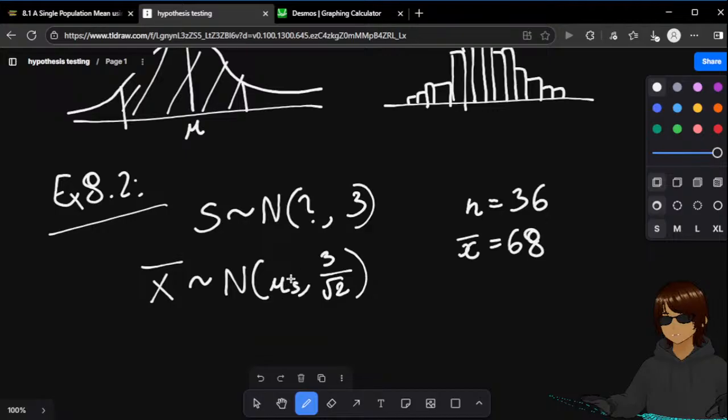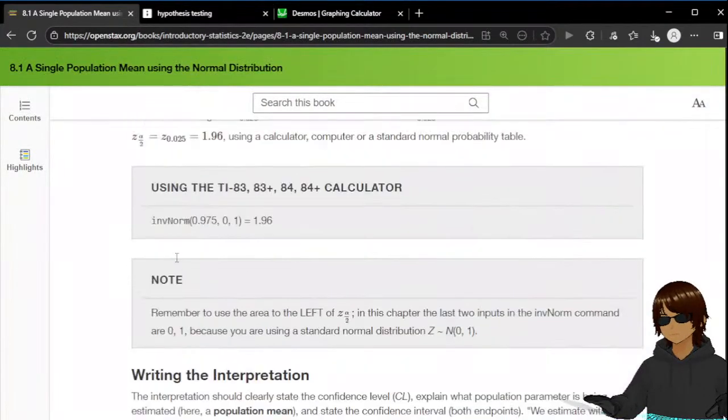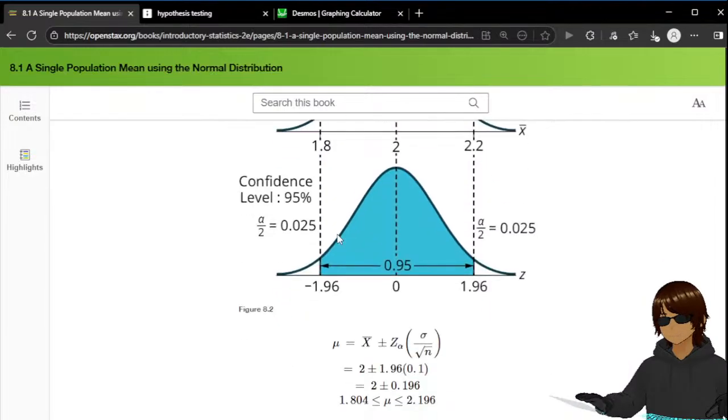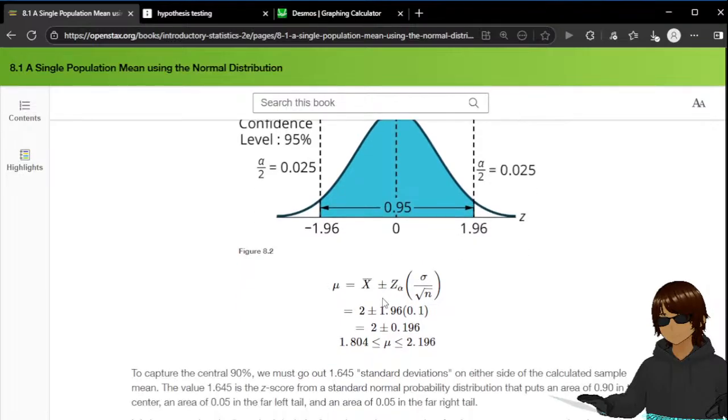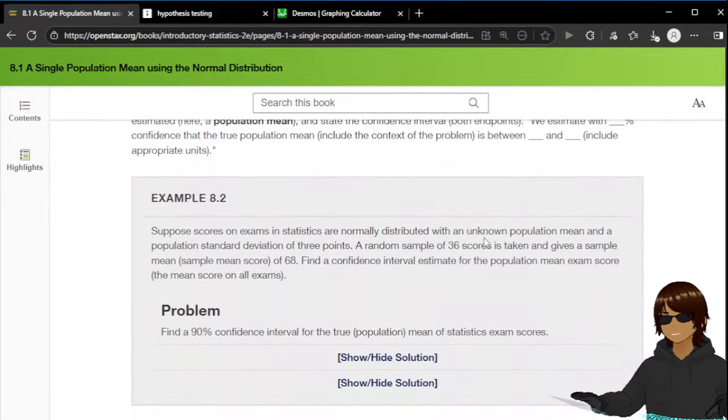But we don't know mu. I mean, we can find the z-score. Let me think. What is this mu over here? They said the mean is unknown, right?